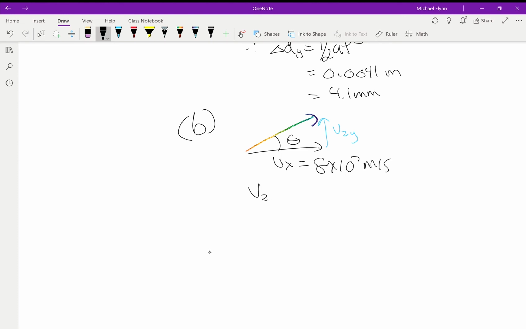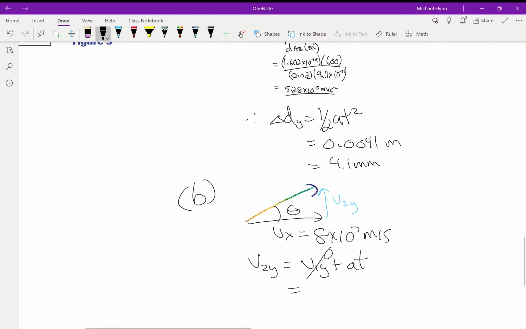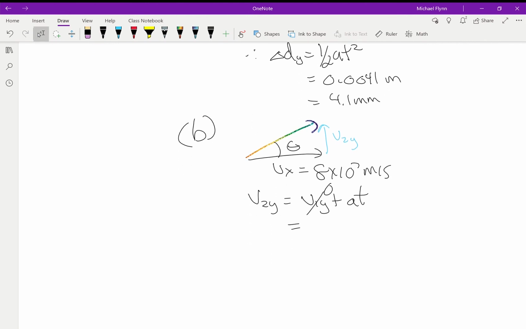Now V2y, we're going to use our motion equations. It's V1y plus AT. Now that one's 0. Okay, so we have A from the previous question, 5.28 times 10 to the 15. We have T from the previous question. So this is going to be 5.28 times 10 to the 15 times our 1.25 times 10 to the negative 9.